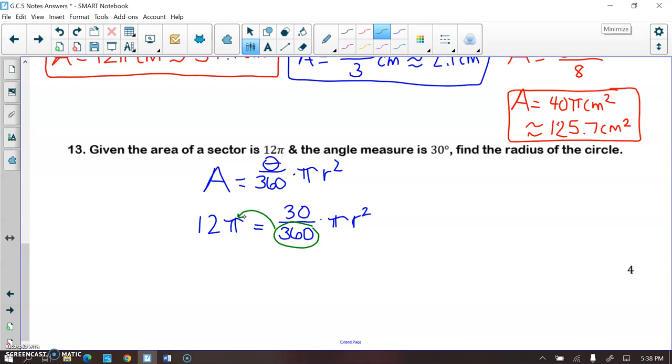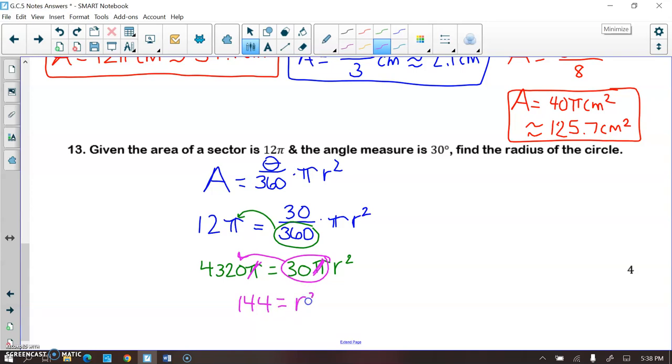So 12 times 360 leaves us with 4,320 pi. And then I'm left with the 30 pi r squared. Now I'm going to divide by 30 pi on both sides. My pi's are going to cancel, and 4,320 divided by 30 leaves me with 144.